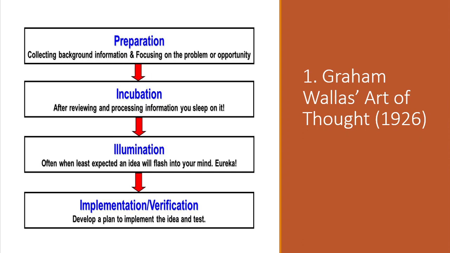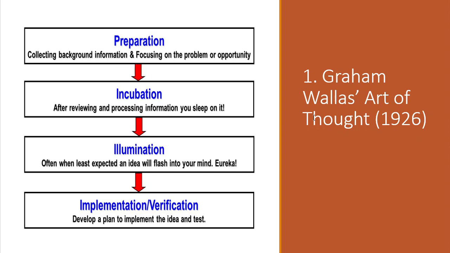So what has been said by Graham Wallace? The creative thinking process starts with preparation. Of course, when we want to do something, we need to prepare for it. So what does it mean by preparation in the creative thinking process?